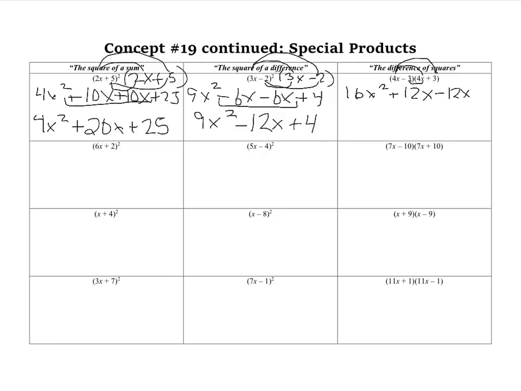Then negative 3 times positive 3 is negative 9. If you look at your middle terms, you've got like terms. Those cancel out. So then you're going to get 16x squared minus 9. And those are my answers.